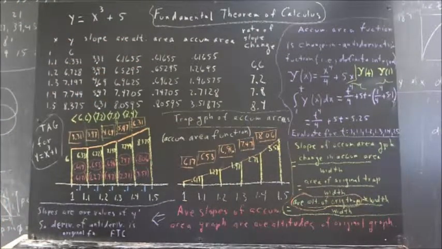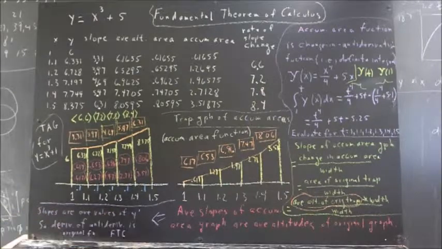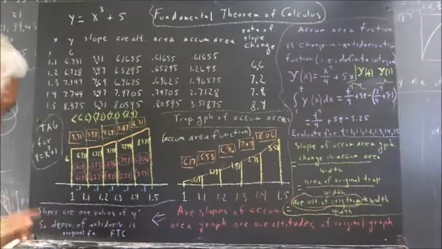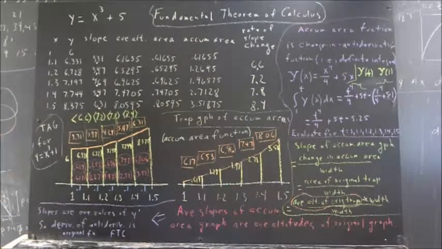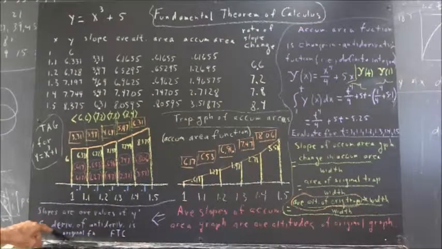So that we can state, since our slopes are average values of our derivative, with a little bit of work related to limits, this illustrates how the derivative of our antiderivative function is equal to our original function, which is the fundamental theorem of calculus.